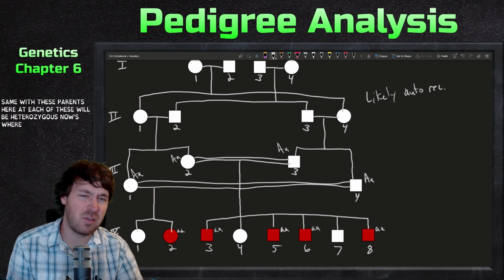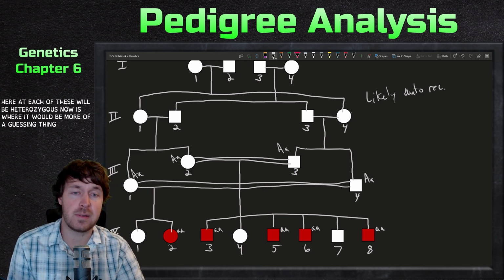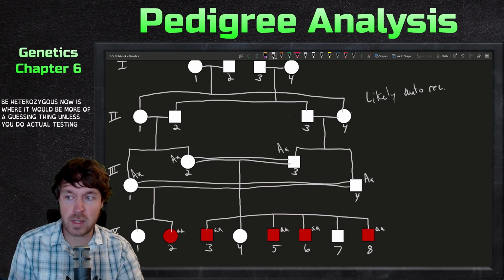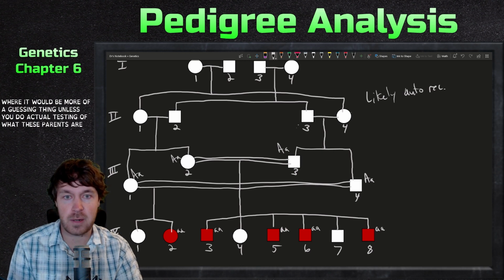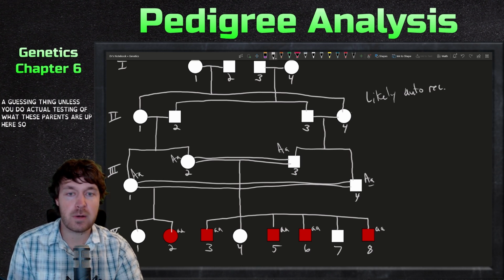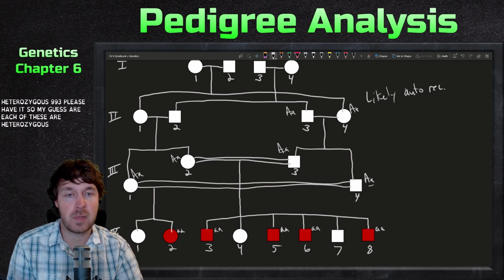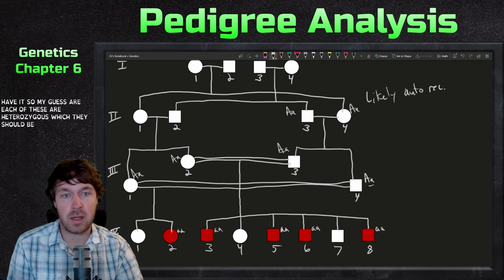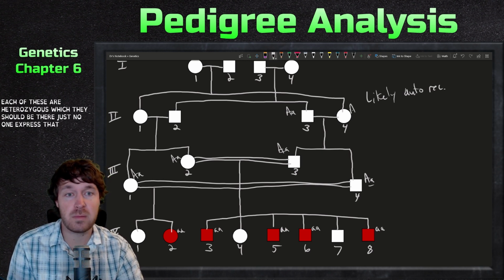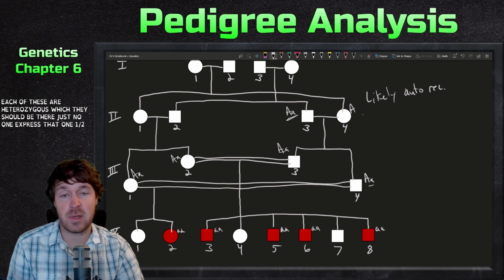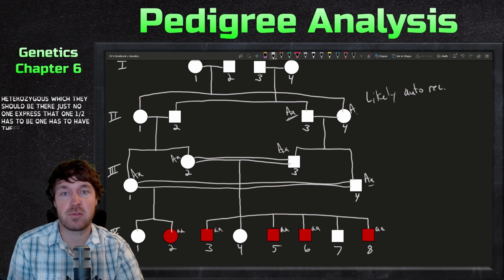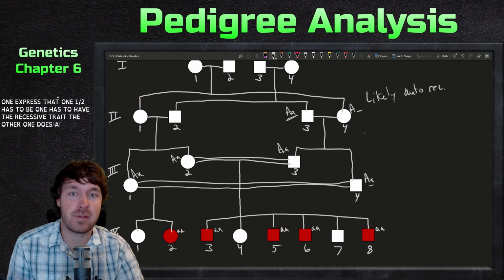Now's where it would be more of a guessing thing, unless you do actual testing of what these parents up here are. So these are each heterozygous. Neither of these have it. So my guess is each of these are heterozygous, which they should be. There's just no one who expressed it. One half has to be. One has to have the recessive trait. The other one doesn't have to have it.